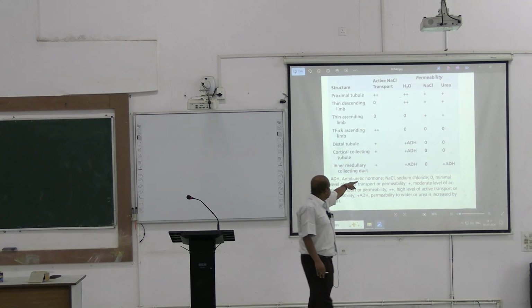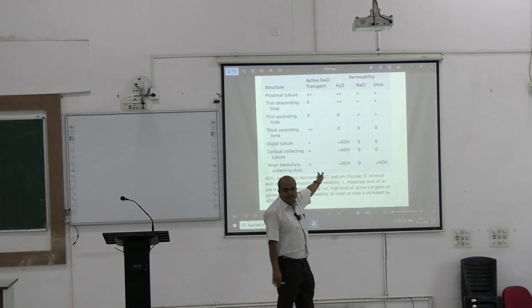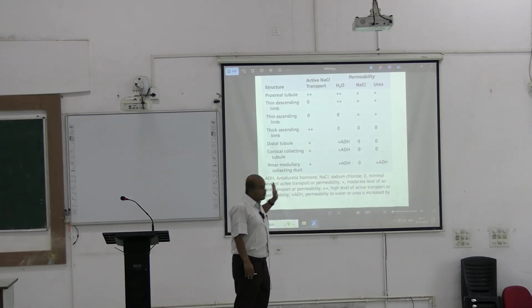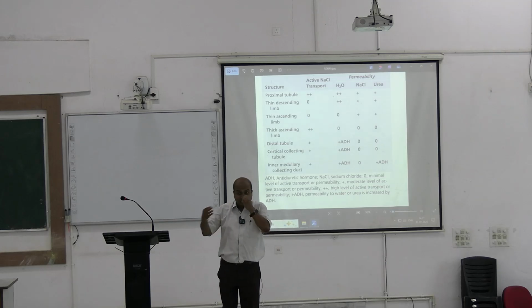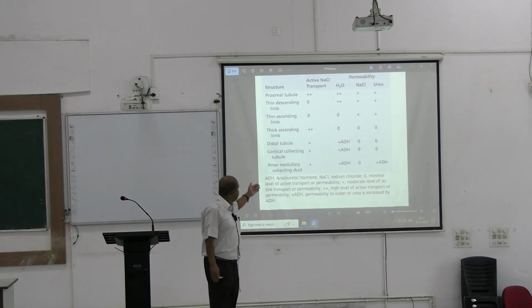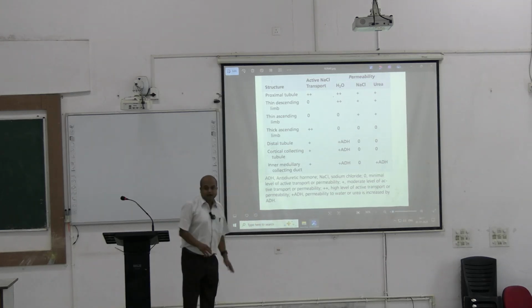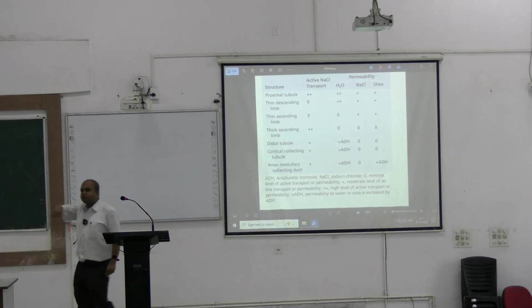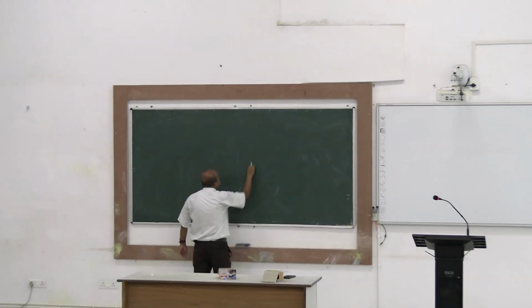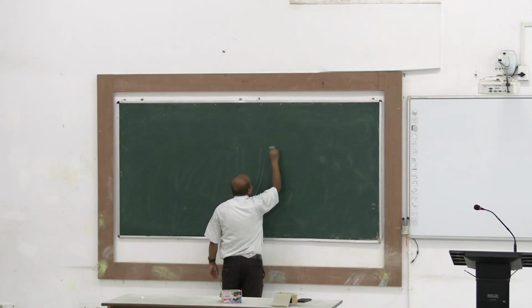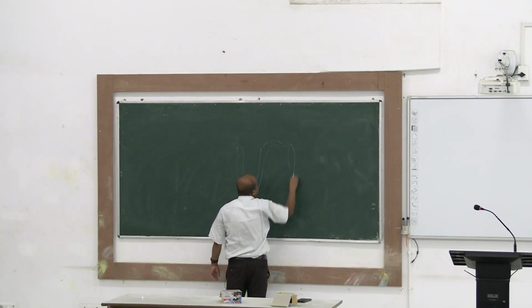In the cortical collecting tubule and inner medullary collecting duct, you can see from this chart the absorption of water in the later parts. Inner medullary means, just think of it again: it is like this loop of Henle, then the early part of the distal tubule, then the collecting duct.